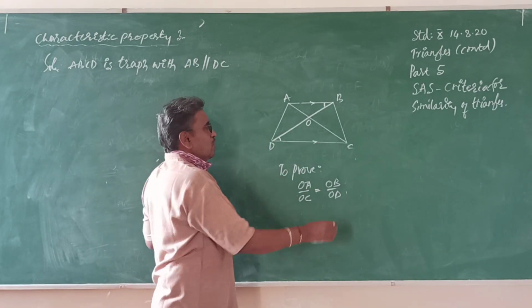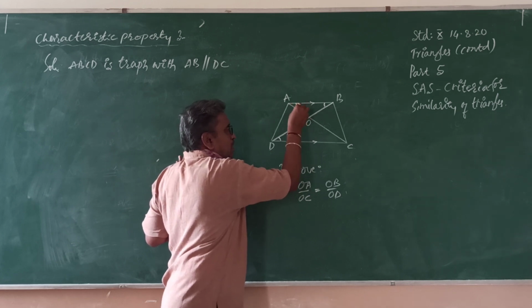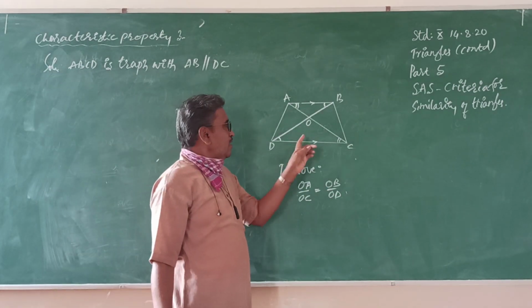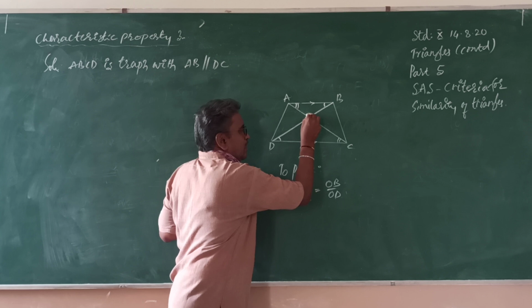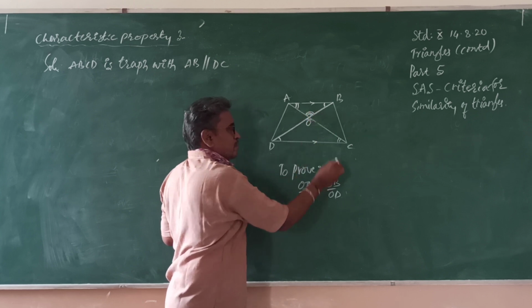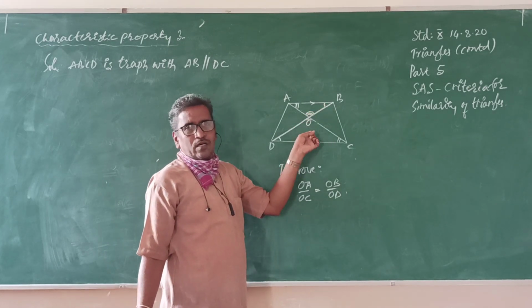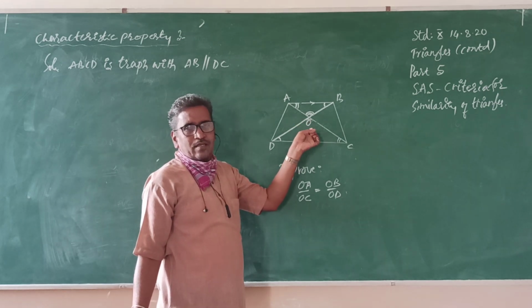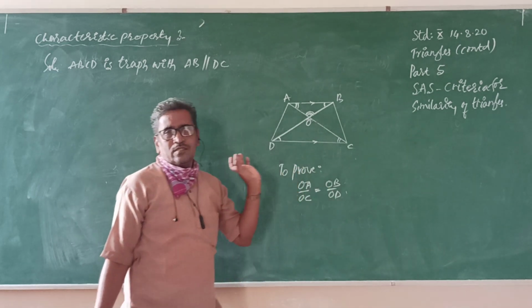Similarly, AC is a transversal, so alternate angles are equal. And vertically opposite angles are equal. So these two triangles are equiangular, then the triangles are similar, and then the sides are in proportion.